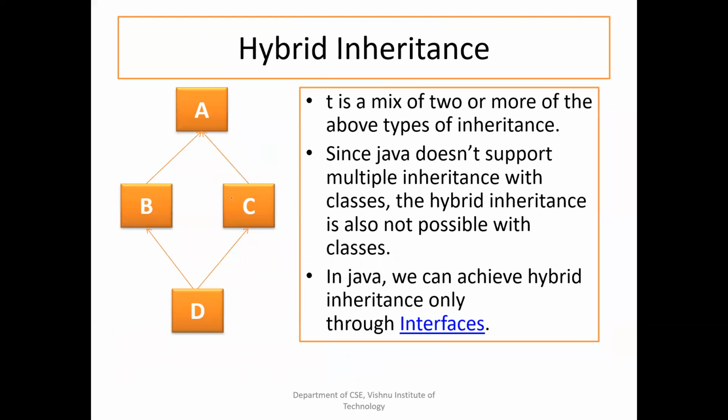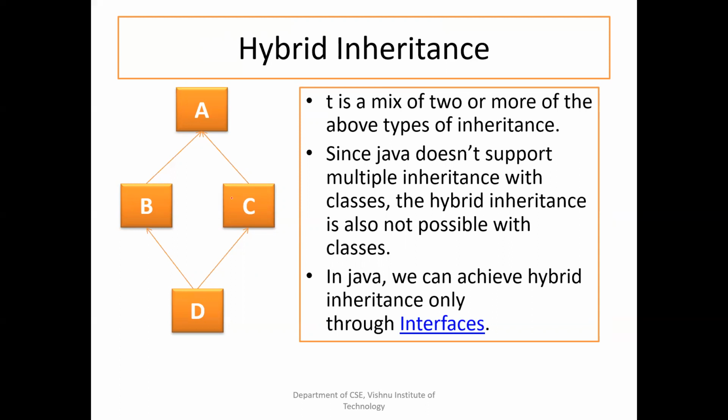And this is hybrid inheritance. Till now we have seen four kinds of inheritance: single, multi-level, hierarchical and multiple inheritance. If an inheritance hierarchy involves more than one type of inheritance, then it is called hybrid.